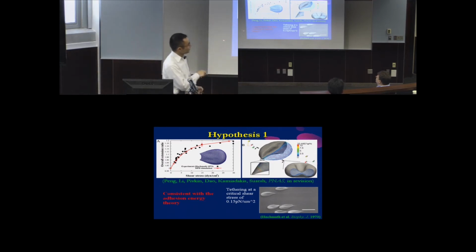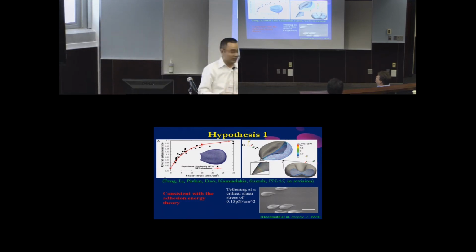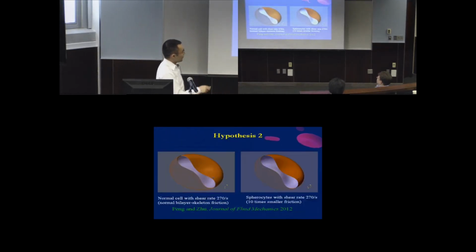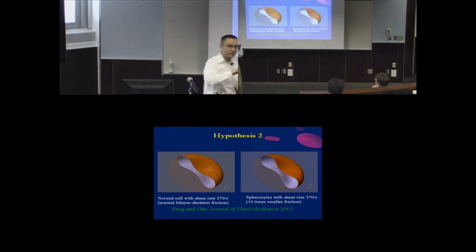This is also consistent with the adhesion energy theory developed by Richard Waugh, but their theory is a continuous theory. In our simulation, we model the real number of spectrins, which is more realistic. This is hypothesis 1. In the second hypothesis, as I said, there's no bilayer-skeleton bond break, but the skeleton may be expanded too much.